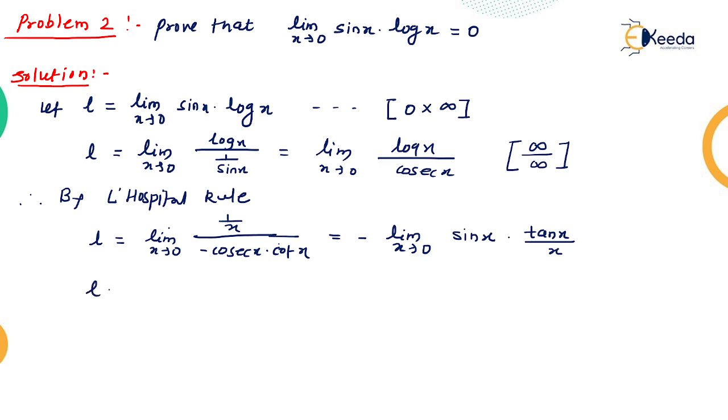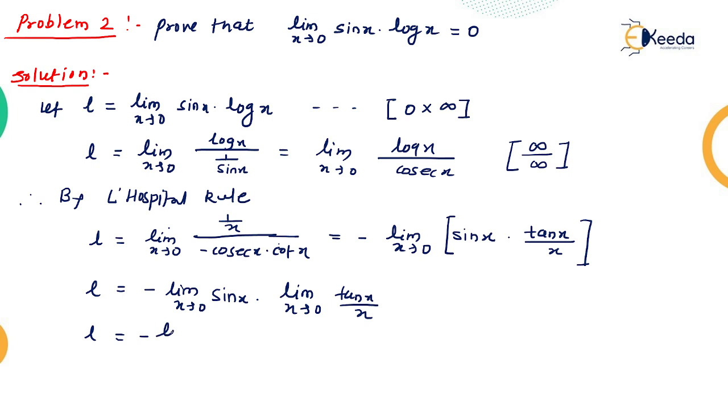So therefore L is equal to minus limit as x tends to 0, and we operate the limit on both functions: sin x into the limit as x tends to 0 of tan x upon x, and you know the formula for the limit of tan x upon x is 1.